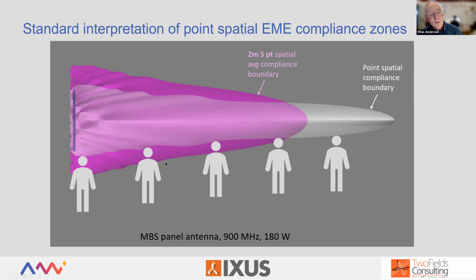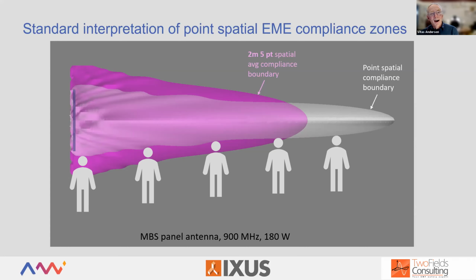And so you can see in this particular example, if you reassessed with the 5-point spatial averaging scheme, what was previously compliant for this guy here, this guy here, this guy here, and this guy here, is no longer compliant with the new 5-point spatial averaging boundary.